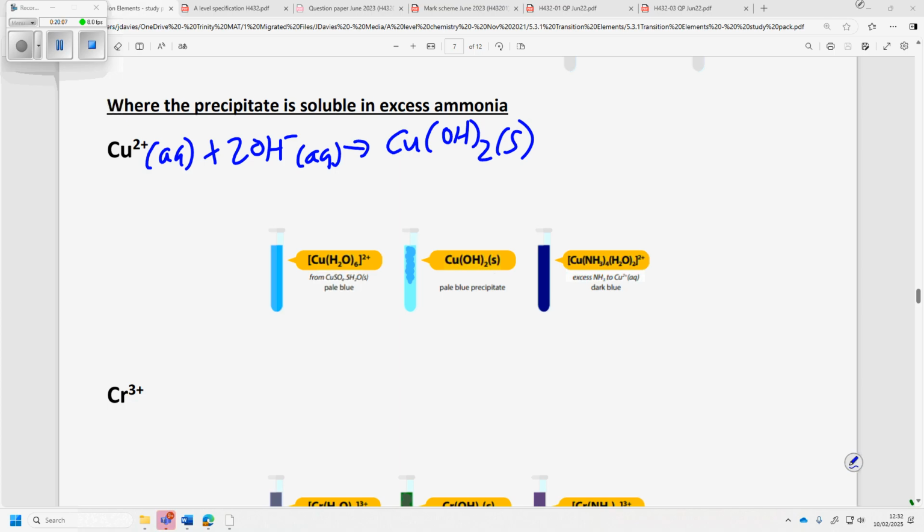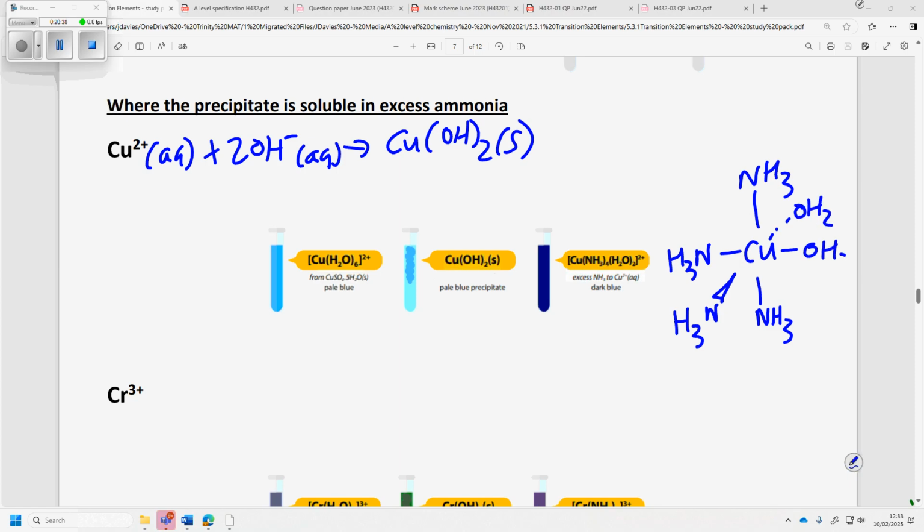Now, looking at the formula of the solution that you make, it looks really complicated. We have got here a copper surrounded by 6 ligands. We've got 6 coordinate bonds and 6 ligands. We have got 4 ammonias and 2 waters, all inside square brackets.